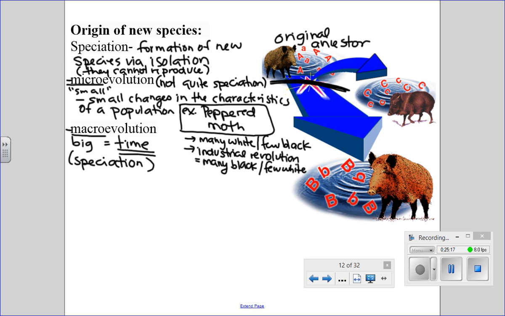So there are many examples of macroevolution, but the idea of our species, Homo sapiens, originating with other species like Homo erectus or Homo neanderthalensis that came before us, that is an example of macroevolution because it took thousands of years for these changes to happen. They were not visible in one lifetime span. So macroevolution would refer to speciation. Microevolution isn't quite enough to be speciation.